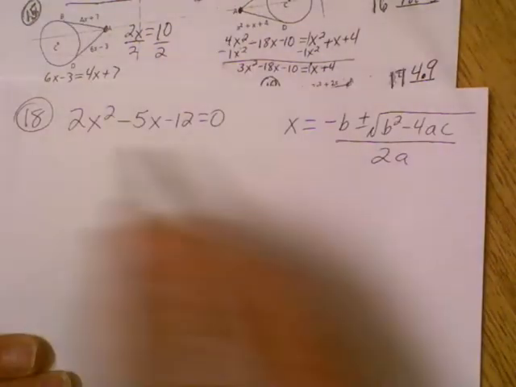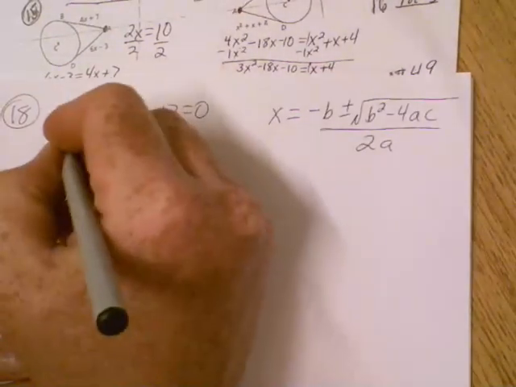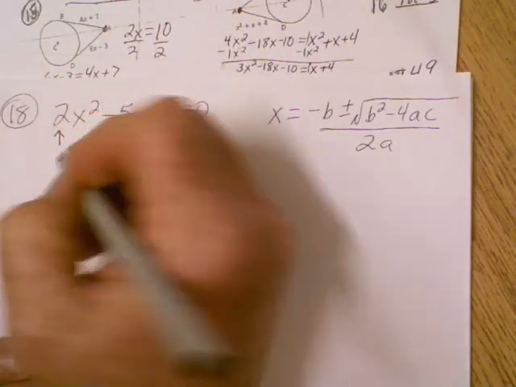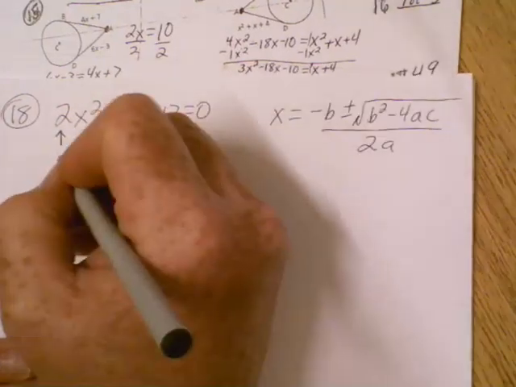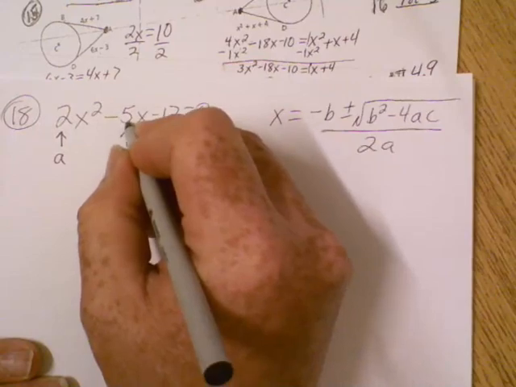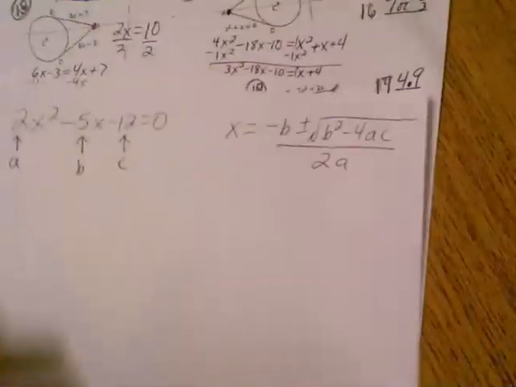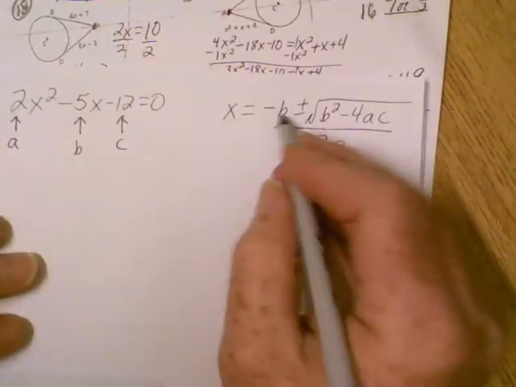All right, I rewrote this on another sheet of paper. I'm going to use the quadratic formula again. When a here isn't 1, it makes it a little harder to factor, so using the quadratic formula might be easier. Negative 5 there is b, and c is negative 12. And then I'm just going to plug all those in over here.